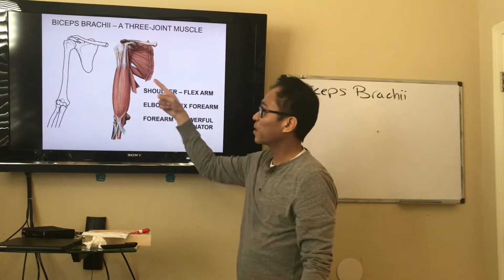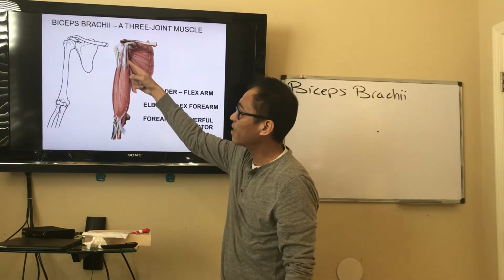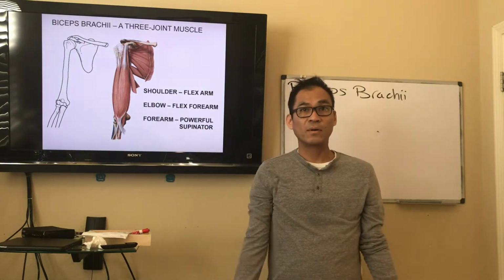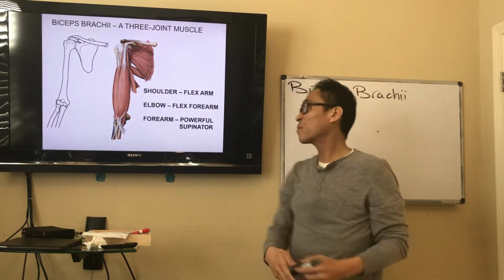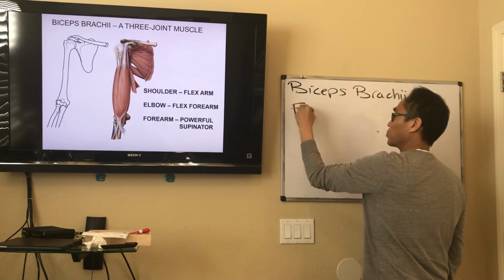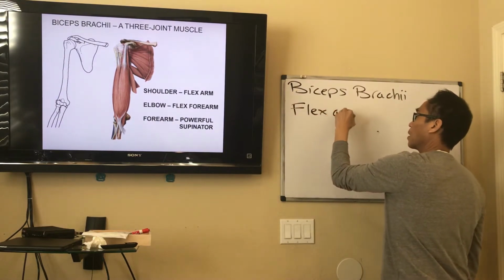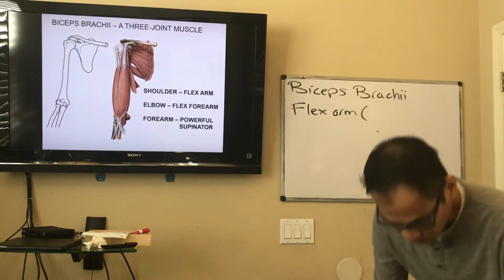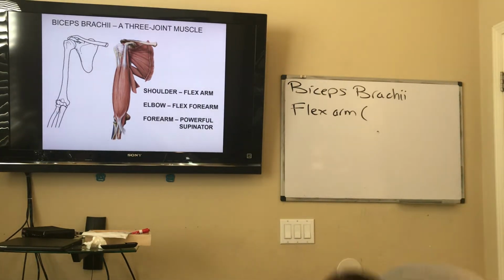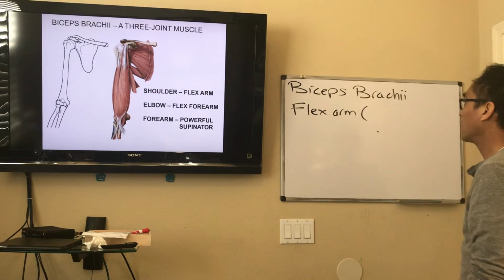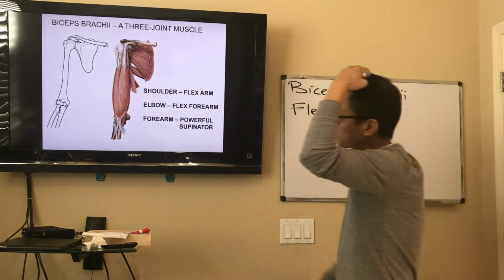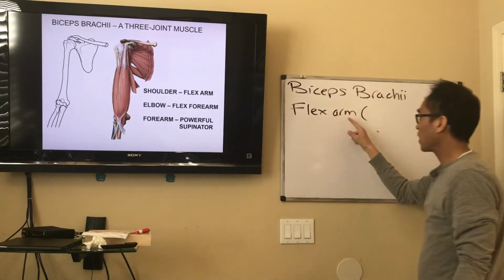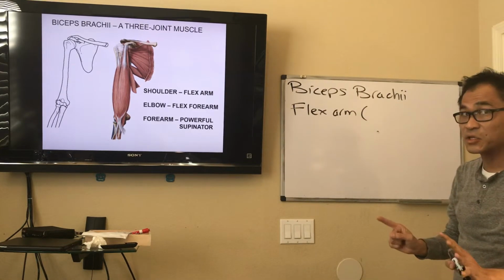It can flex arm because that short head has an attachment on the scapula. Actually, both attachments are on the scapula. So what I'm going to put is, it can flex arm because it crosses the shoulder joint.